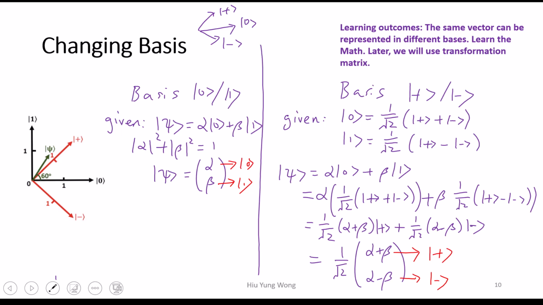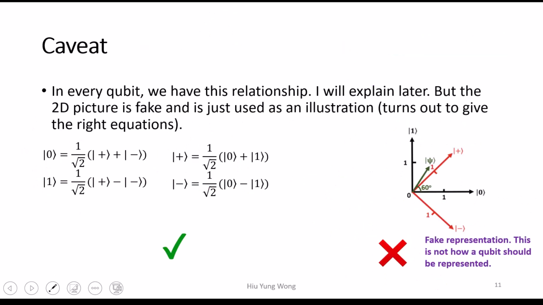Okay. Now, what I'm doing here may be a little bit confusing later. I think I confused quite some people by using this 2D fake example to relate the 0, 1 and plus minus bases. Later when you do the qubit, you also have the 0, 1 basis and the plus minus basis. The equation turned out to be correct, but this is a fake example, right? This is not the real plus minus and 0, 1 relationship, so please do not get confused.